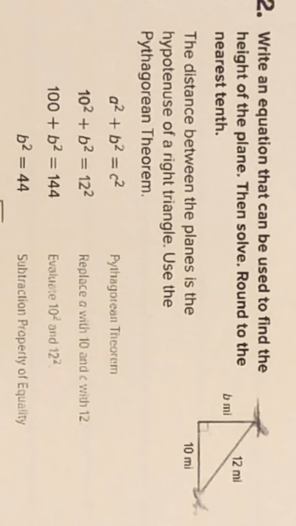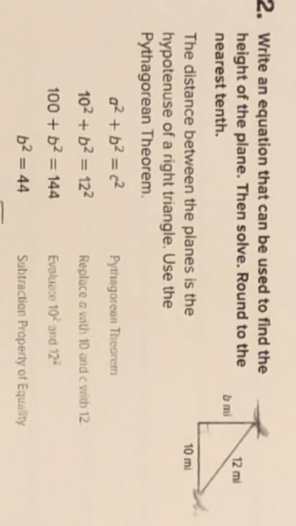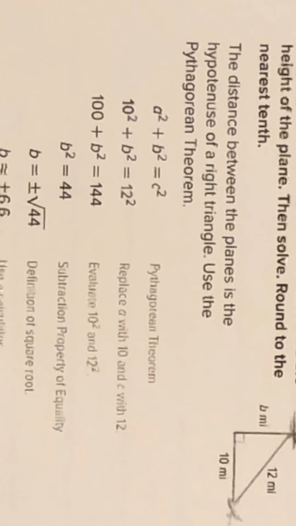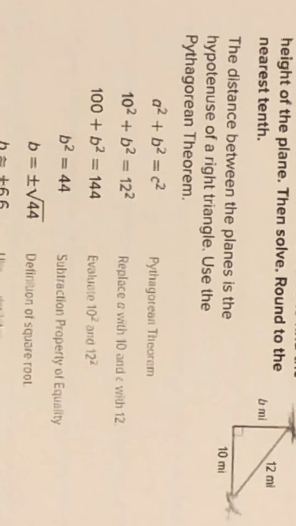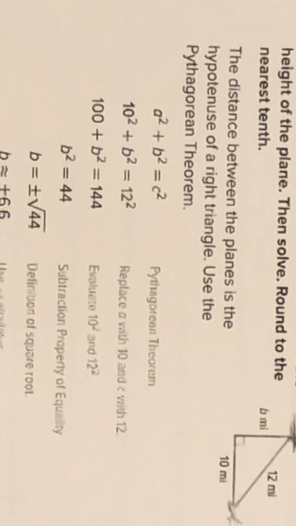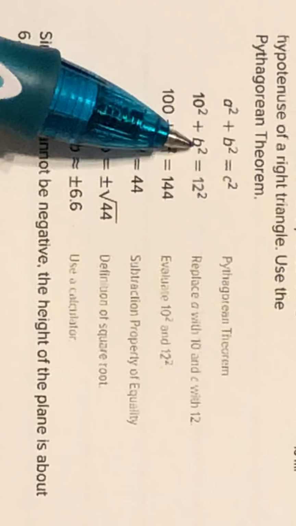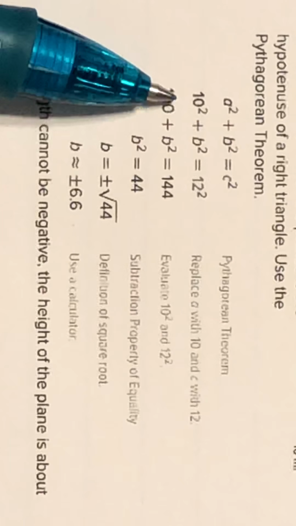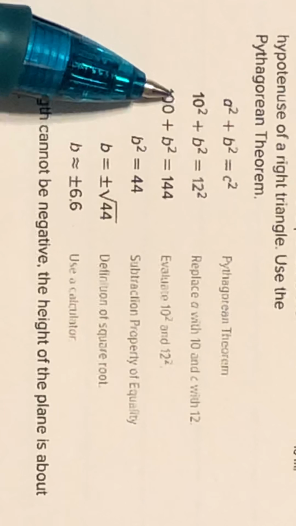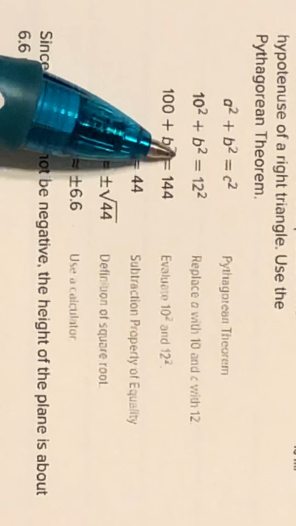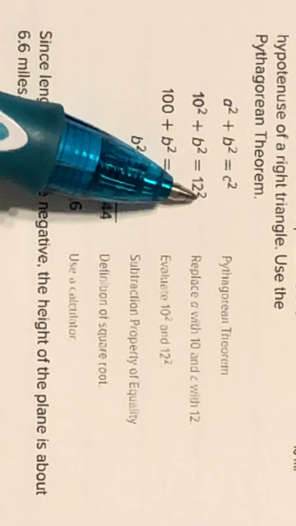From here, I can see that I'm missing a leg. So a squared plus b squared equals c squared. 10 squared is one of my legs, plus b squared, that's the other leg that I don't know, equals 12 squared.